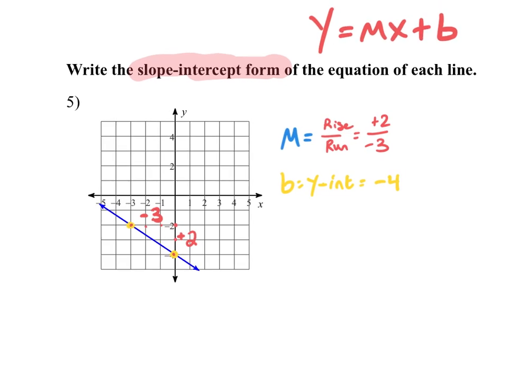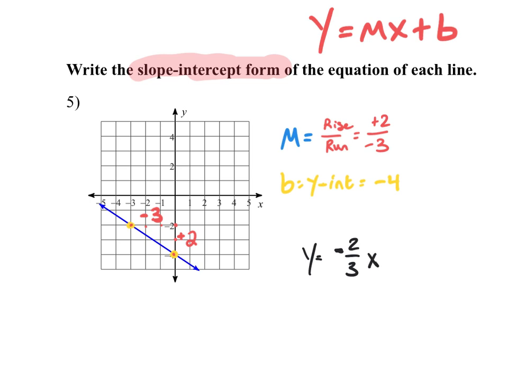Here is all I've got to do now. All I've got to do is take the information there and plug it in to the equation above. So I would have y is equal to negative 2 over 3. The negative's just out in front. Okay, it doesn't really matter, but it's negative because one number's negative, one number's positive.